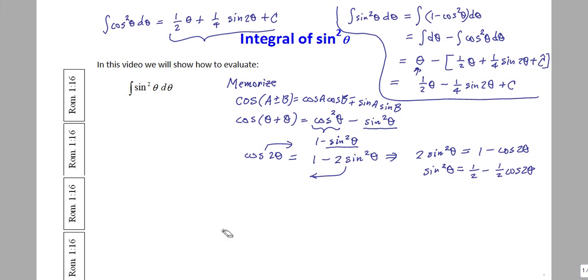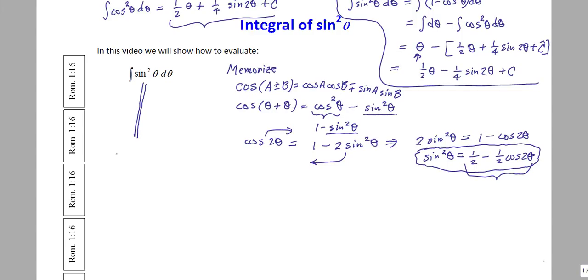Now, like we said in the previous video, we have a nifty little relationship here. Instead of integrating the integral of sine squared theta d theta, which is a little bit hard to do, we'll sub in the right-hand side, which is its equivalency, or the identity of that. So instead of sine squared theta d theta, we'll do the integral of a half minus a half cos of 2 theta d theta.